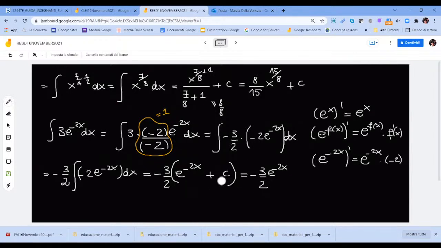So in this case, we should compute the whole integral in this way, and then multiply everything by this multiplicative constant that is in front of the whole computation of the integral.